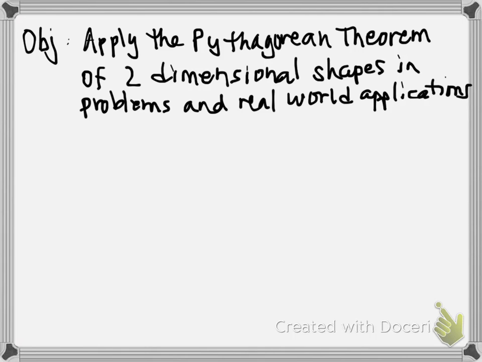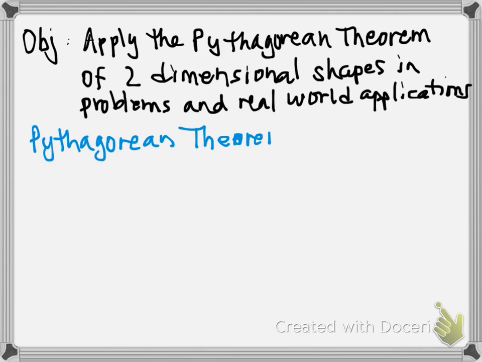So the key things that we're going to look for when we talk about the Pythagorean theorem, so let's go. Okay, we know that it looks like this, a squared plus b squared equals c squared.